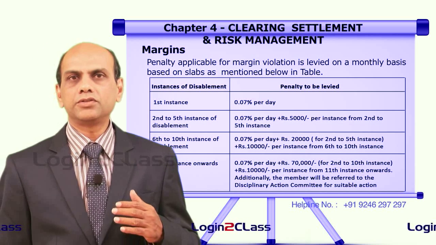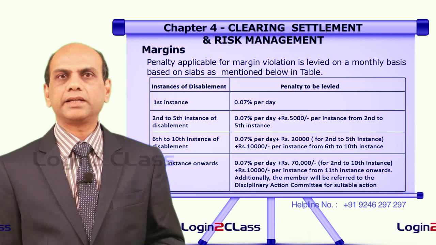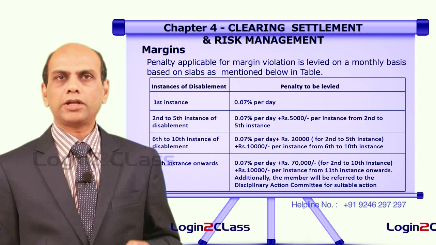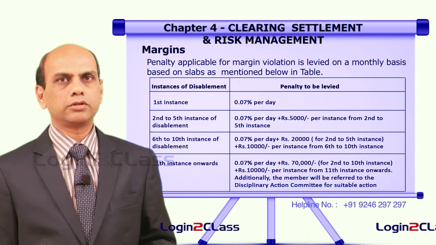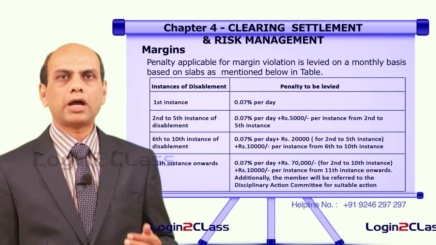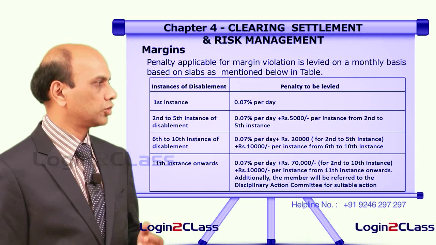That is, if he is not able to pay on second and third day also, 5,000 for second day, 5,000 for third day will be additionally charged by the exchange.